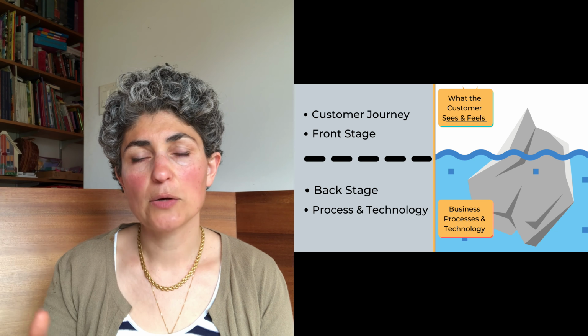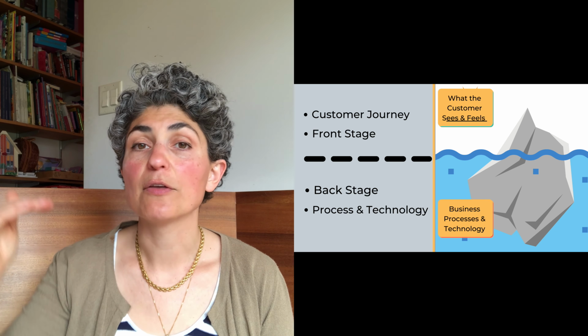So when we go to the next topic, which is how they fit into one another, I kind of gave it away in my previous sentence, which is when I was trying to explain that the impressions that we leave with a customer predominantly are driven by how we have built our systems and our processes. But when it comes to customer journey mapping, there are actually 4 distinct dimensions. The first 2 layers are the customer journey and the front stage.